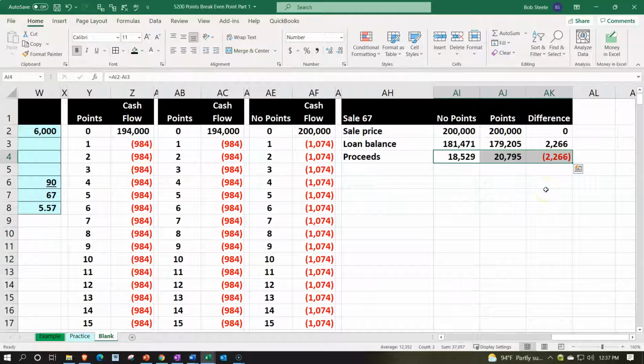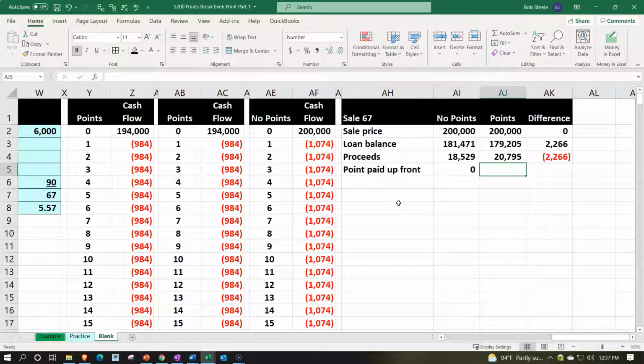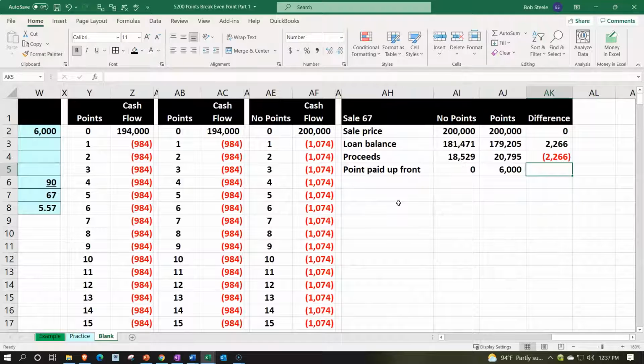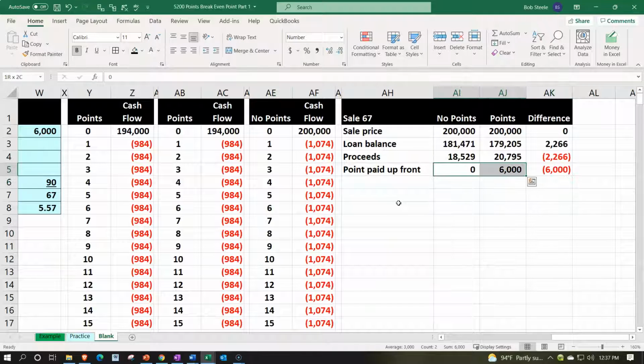So there we have those differences. And then we could say, okay, we also had the points paid up front. 0 for no points. For the points, we paid points up front of 6,000. Difference, this minus this. Underlining this.